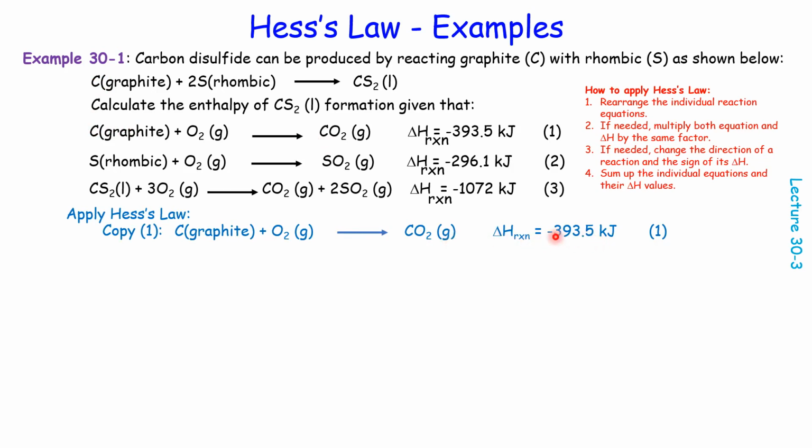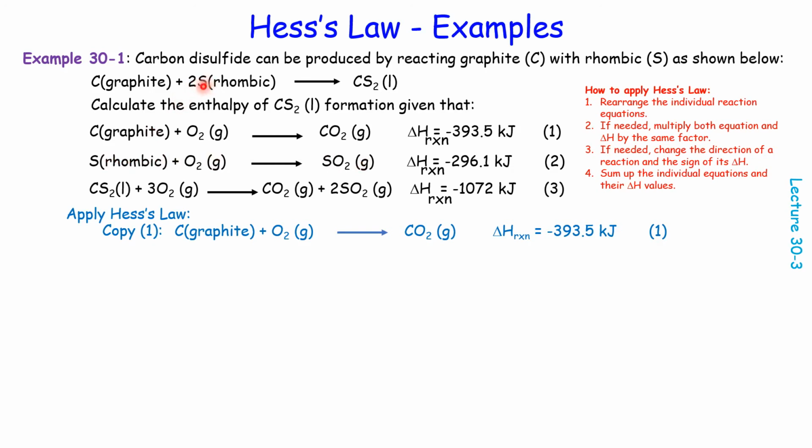Okay? Now, let's take a look at equation 2. Sulfur, or rhombic, reacting with oxygen. And then rhombic is also found on the left-hand side in the overall reaction. So therefore, we don't need to change the direction of equation 2.